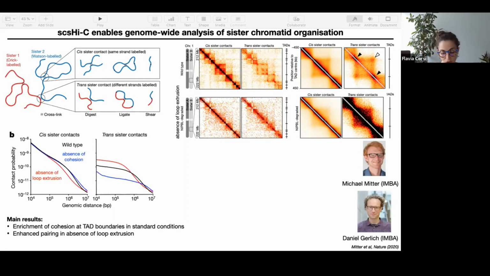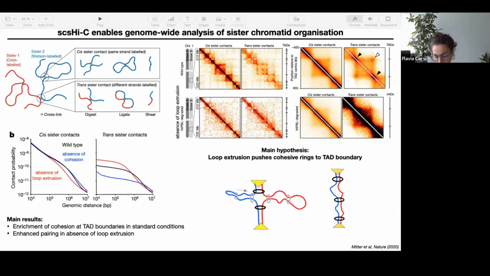The contact probability curve is a powerful statistical tool that tells us about the statistical properties of the system in a position-independent way, because Hi-C maps are position-specific. So we studied contact probability, and indeed, in absence of loop extrusion, the red curve, the trans-sister contact probability increases for short distances. Comparing red and black curves indicates an increase in pairing and a decreasing misalignment between two sister chromatids.